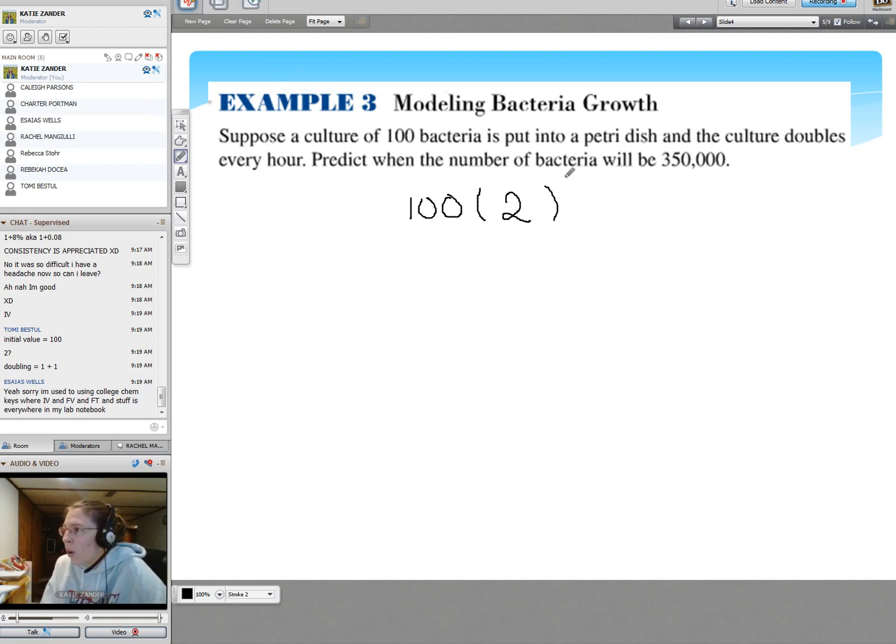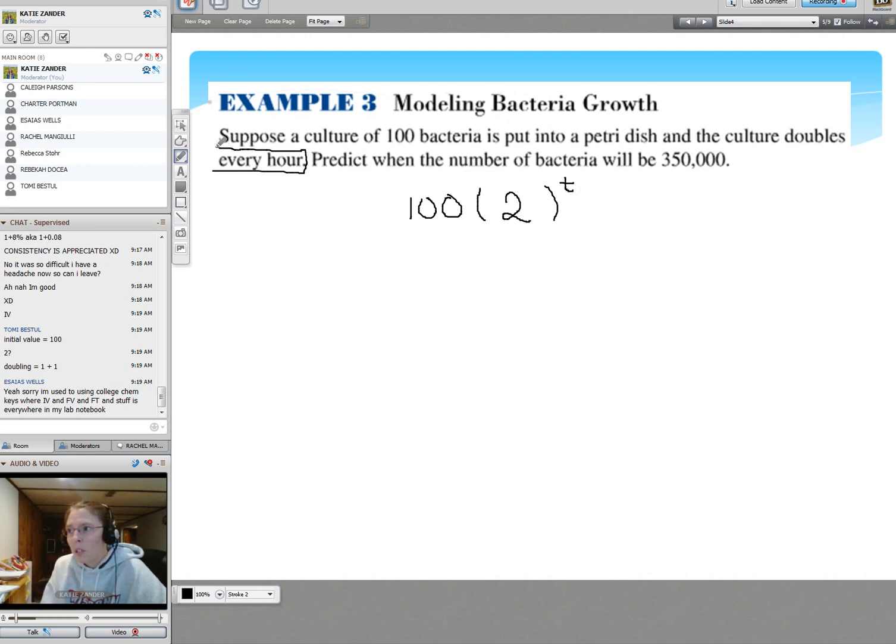We don't know how long, because it's asking predict when the number of bacteria will be 350,000. So we don't know the time that it's going to take to get there. We do know that the time is measured in hours, though.